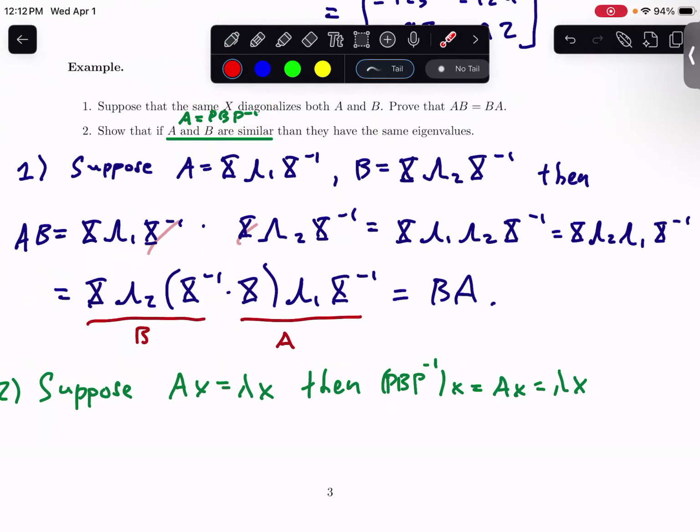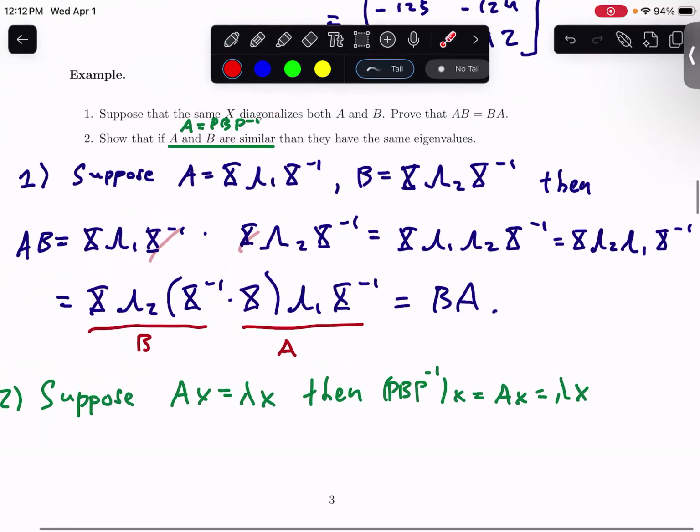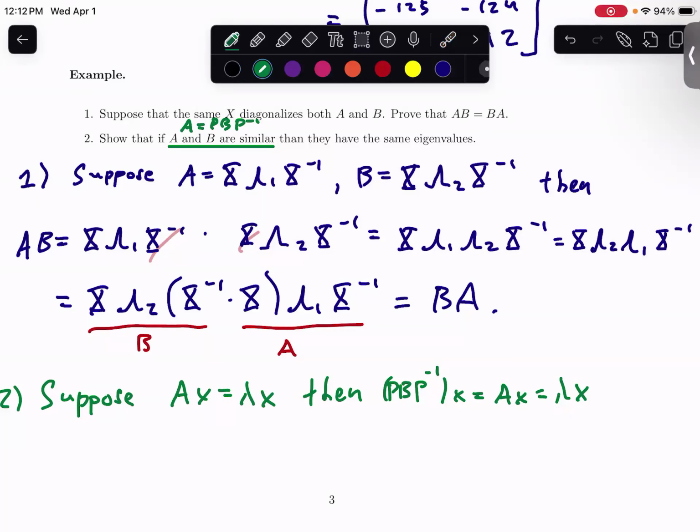And then what we want to do is show that B is also going to have an eigenvalue of lambda, right? So we want to take this B and get a lambda to show up somewhere. Maybe that's not the best way of wording it, but we're kind of already involving B with lambda in some way.